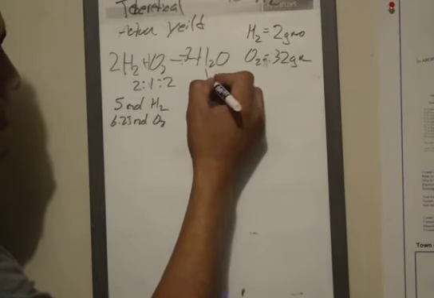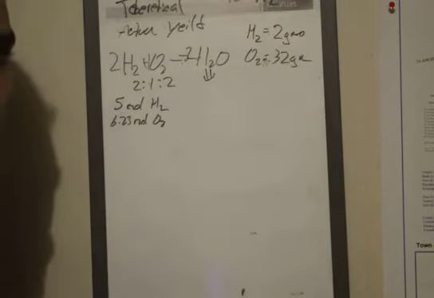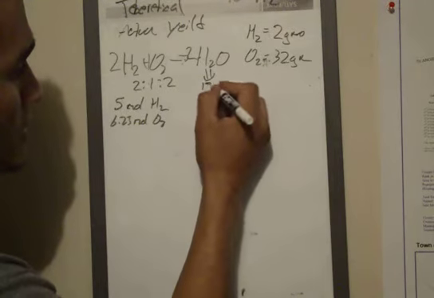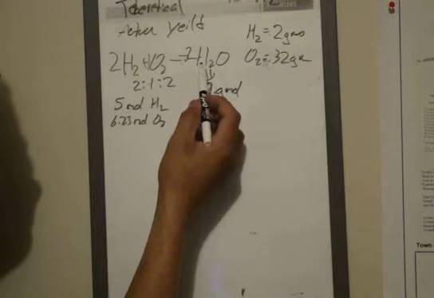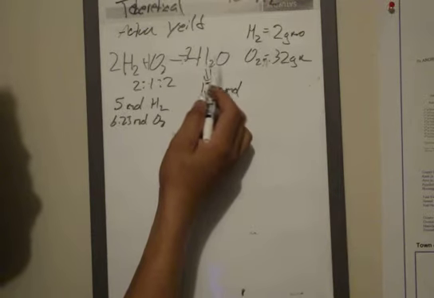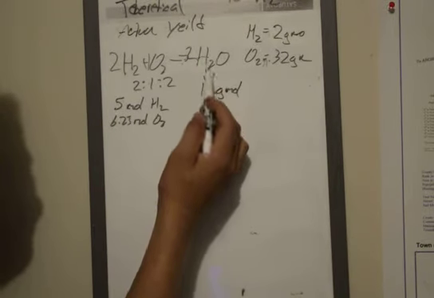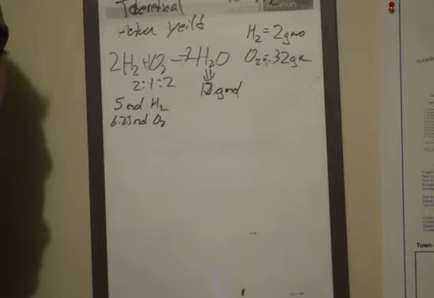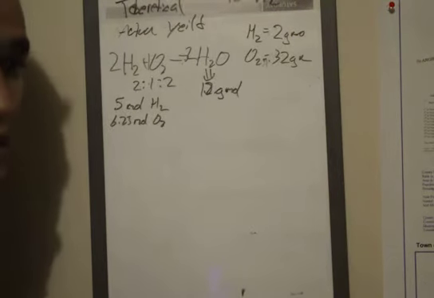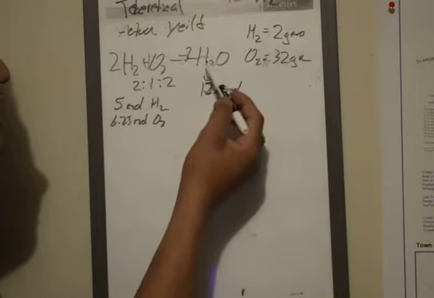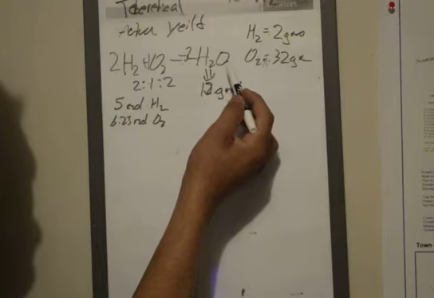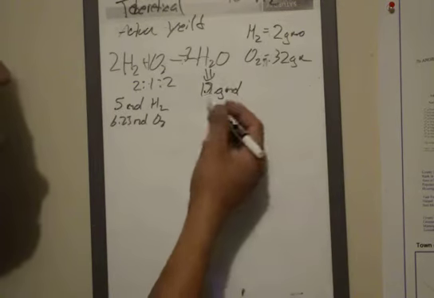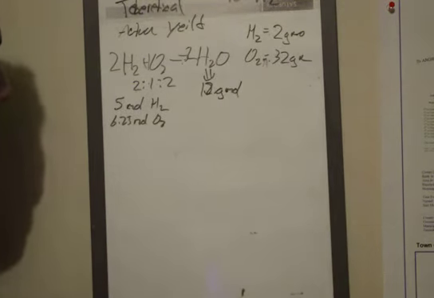Let's find out what the molar mass of H2O is. I've already done this problem, so I already know that it is 18 grams per mole. To figure that out, you just add the molar mass of each of these elements: 1 gram per mole for hydrogen and 16 grams per mole for oxygen. So you have a combined 2 times 1 is 2, plus 16, is 18 grams per mole.